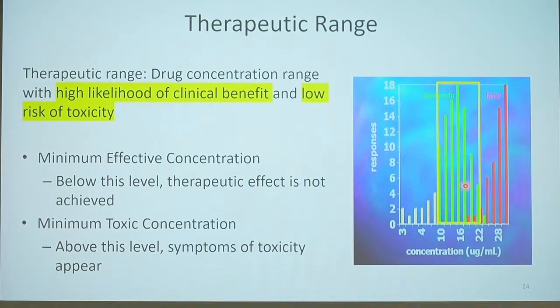And so we want a drug to be above the minimum effective concentration and below the maximum toxic concentration, and that gives us our therapeutic range. Anything outside of that, as we see, is subtherapeutic or toxic range. And you can even see at high doses within the therapeutic range, some patients are already starting to experience toxicity, which is common.